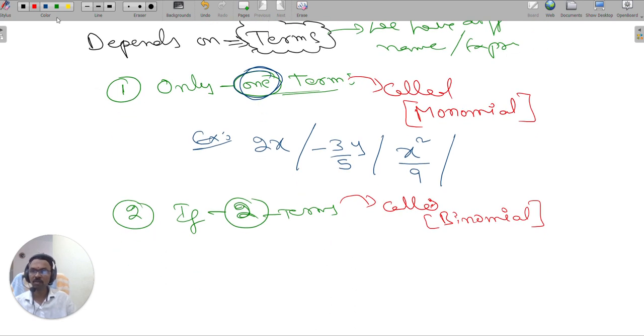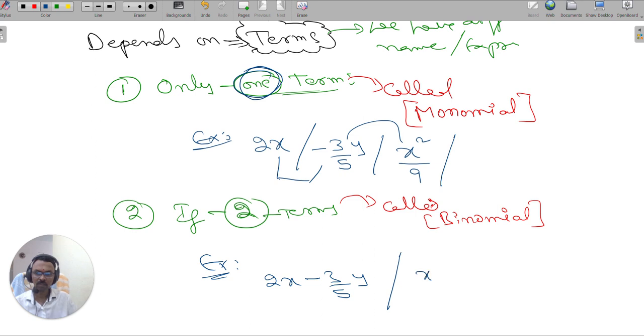Let me give one small example about binomial. That means two terms separated with addition or subtraction: 2x minus 3 by 5y, or x square by 9 plus 3 by 5y.